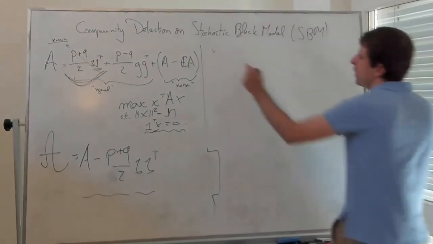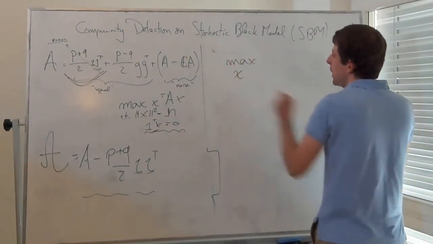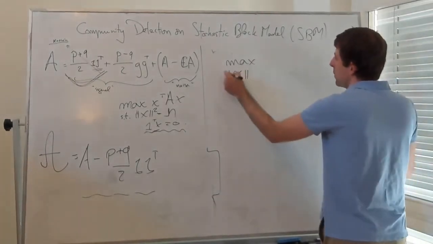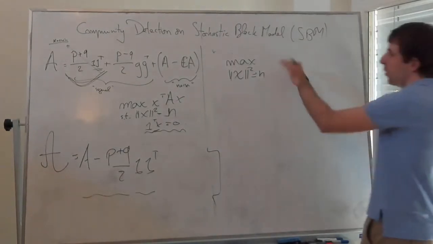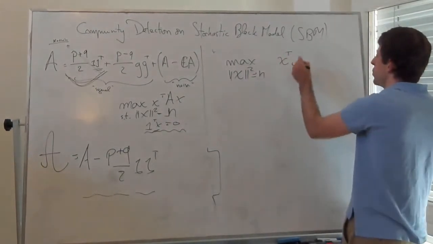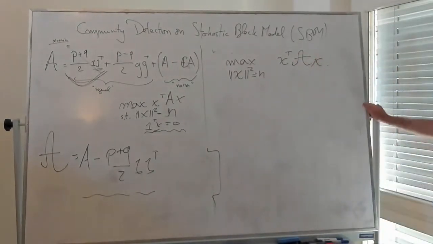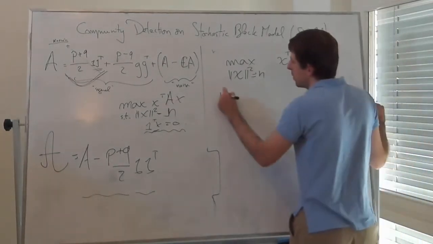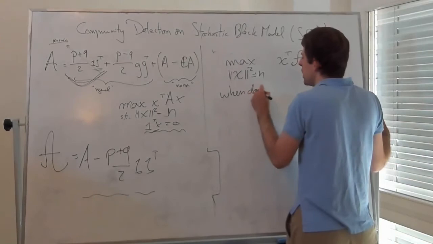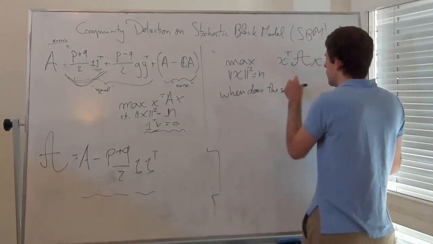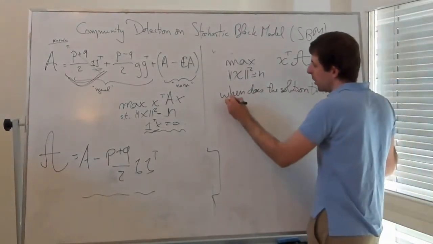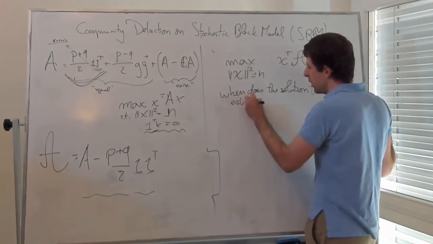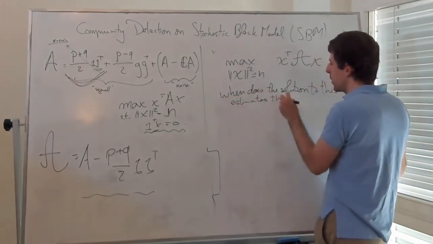We take max over X, now just with L2 norm square root of N, but it's just a scaling, so it's fine if it was N or 1 or anything like this, of X transpose calligraphic A X. And now the question is, when does the solution to this estimate the communities?